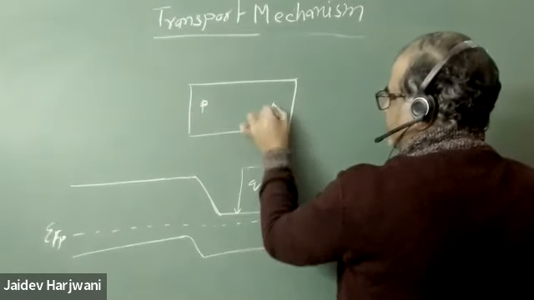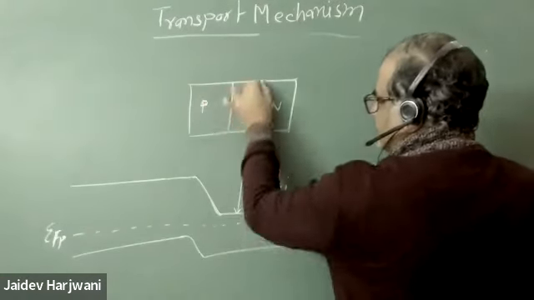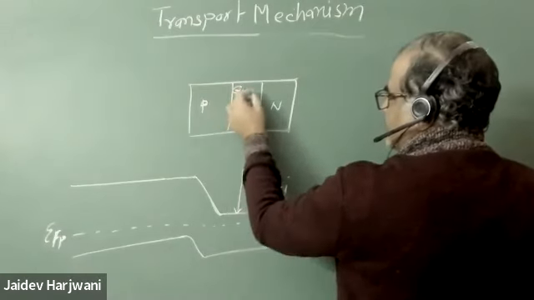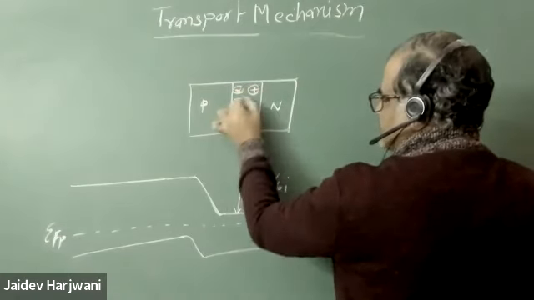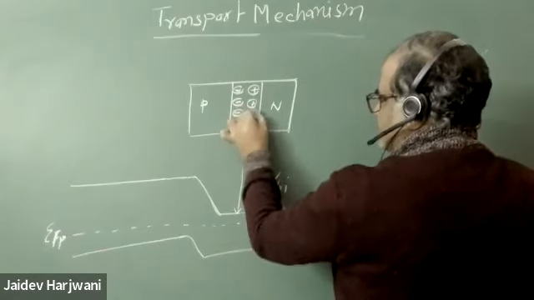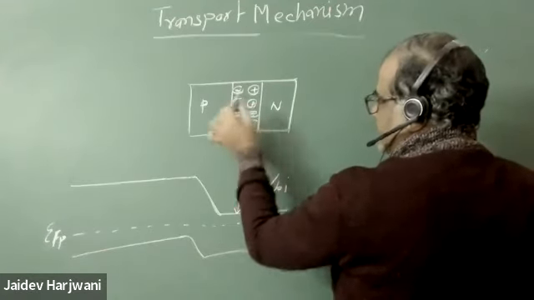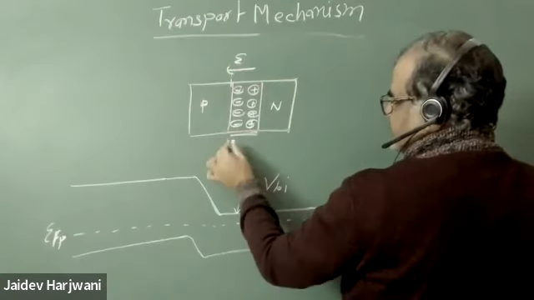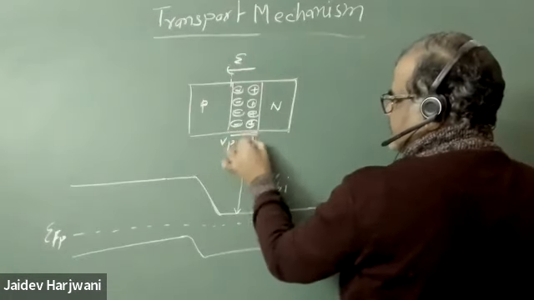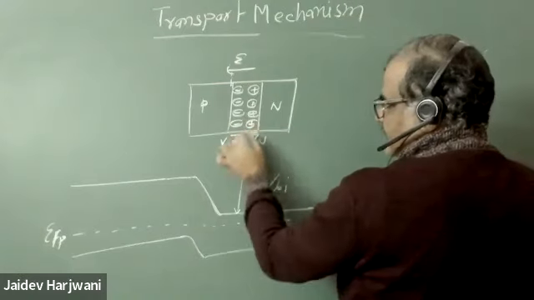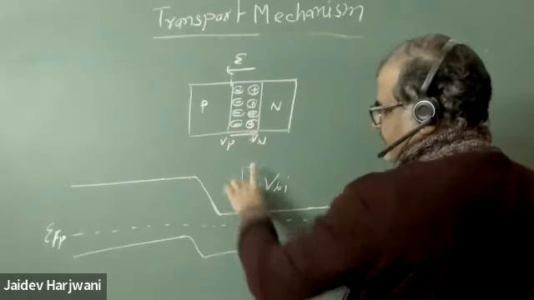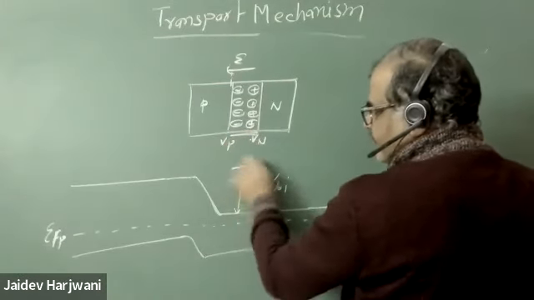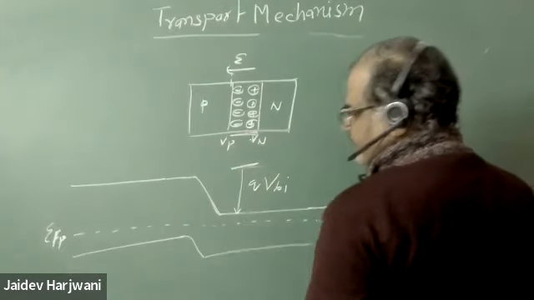You have the electric field here, and this is the potential difference. You call this VP and this VN. The difference is the potential difference, which is called your built-in potential. I call it VBI, qVBI.